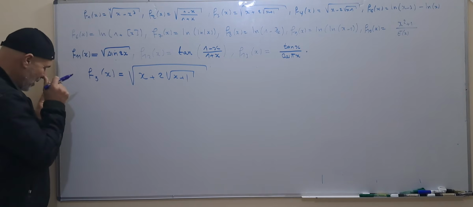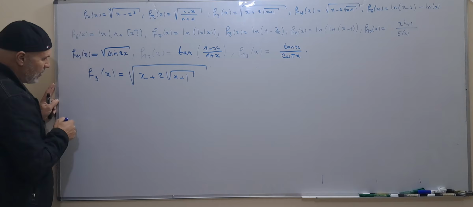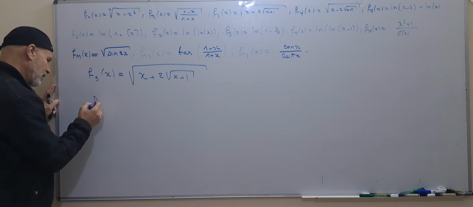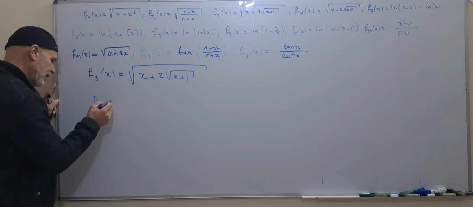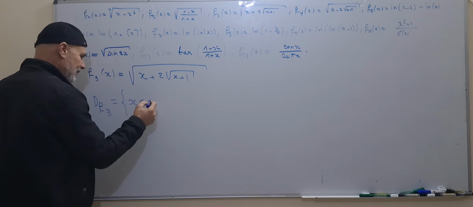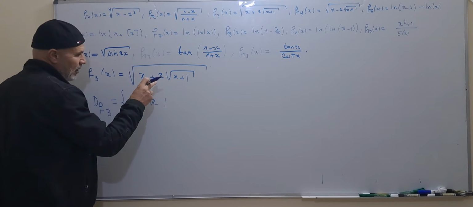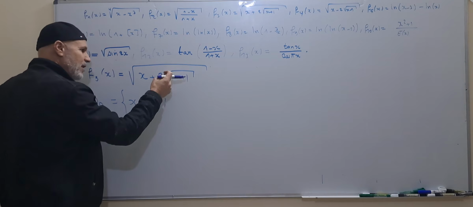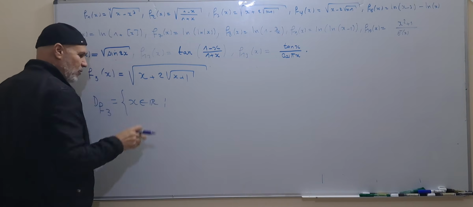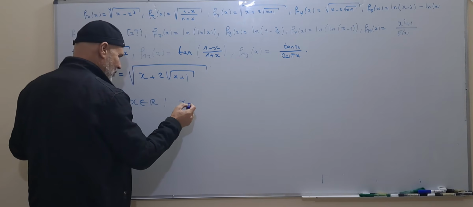As we did last time, we have df3, which is x from R, such that this makes sense. This should make sense twice, for this square root and the big square root. So we have two things at the same time.